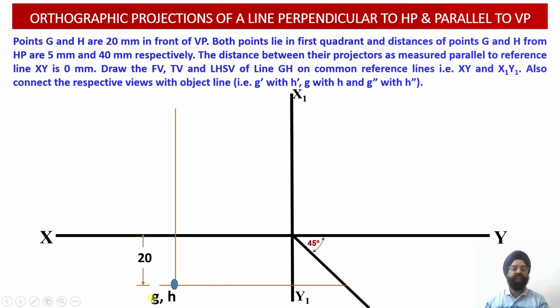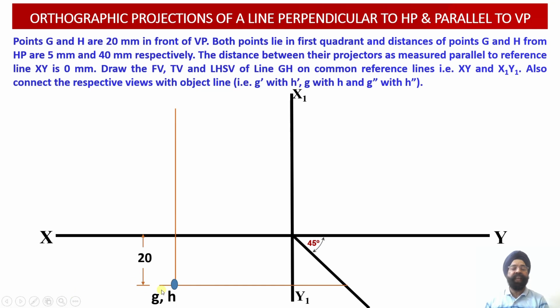So the small g and small h points have been located in the top view projections 20 millimeter below the XY reference line.